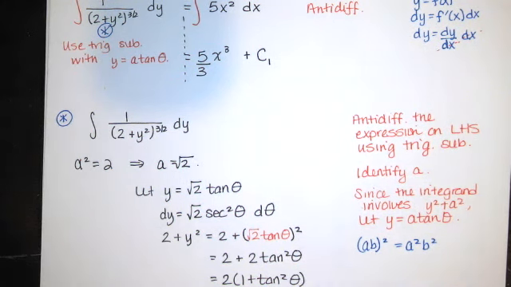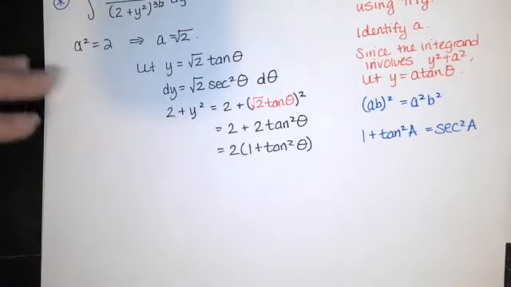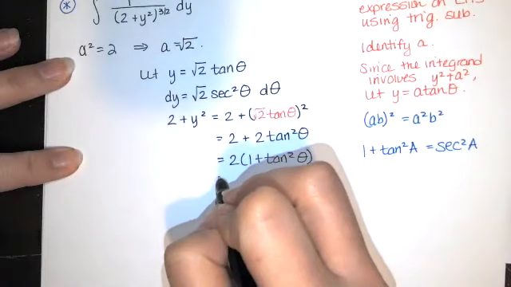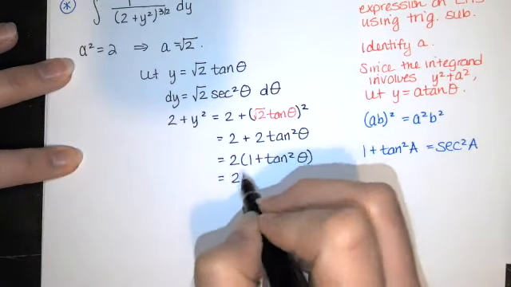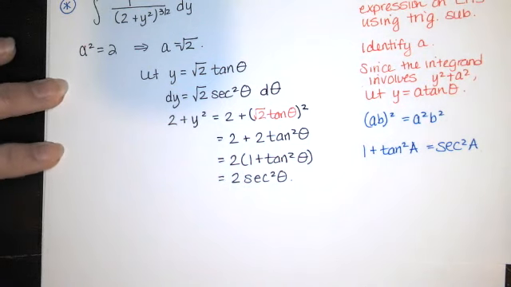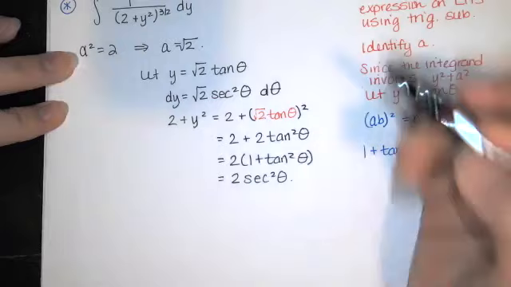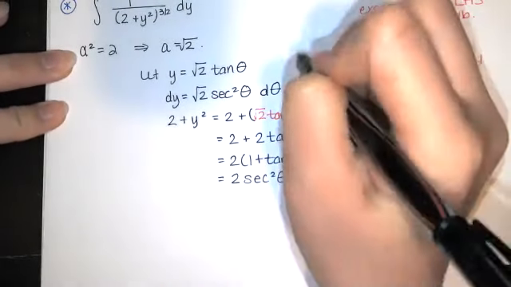And we've got a Pythagorean identity that says that 1 plus tangent squared of some angle is secant squared of the same angle. In this case, our angle is theta. So this is 2 times secant squared theta. Okay, so all of this was the prepare to substitute step.